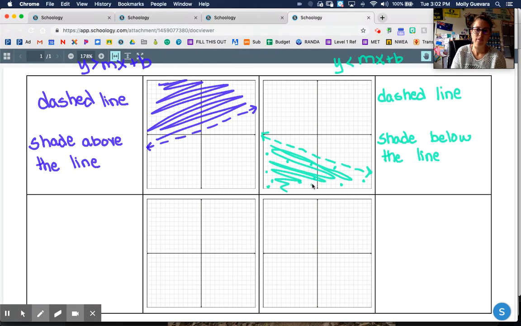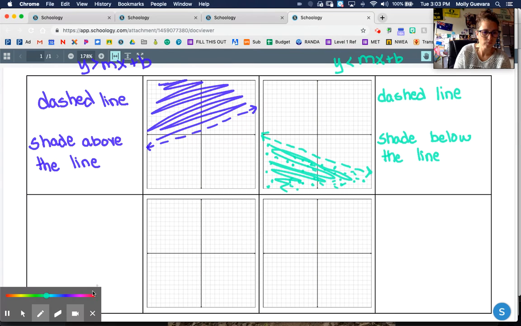I can have -5 is less than 0. There's infinitely many points that will work. And so any single point in this shading all over works for that inequality, whatever that inequality is.